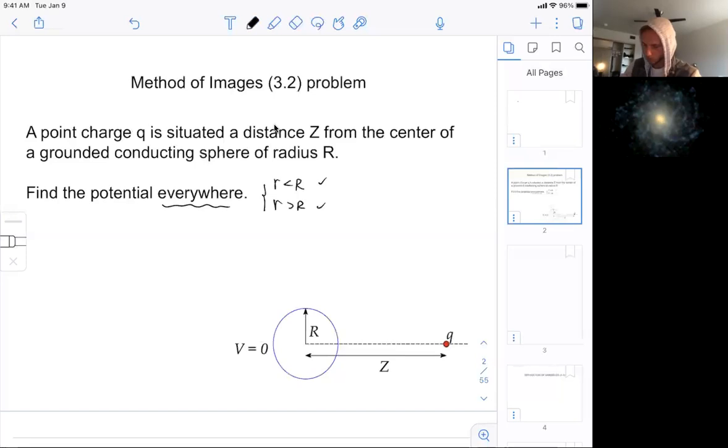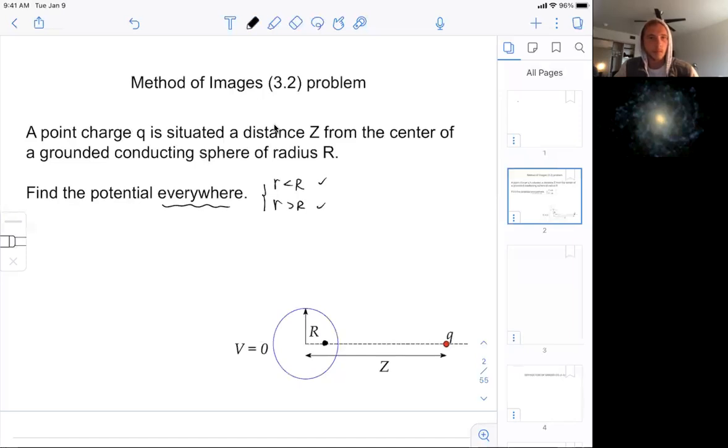A good intuition could be drawn from where we have a flat mirror. If we treat this as a spherical mirror, where is the image? If the charge is here, then my image is probably somewhere here. It doesn't have to be, I'm just saying, what if it is there?